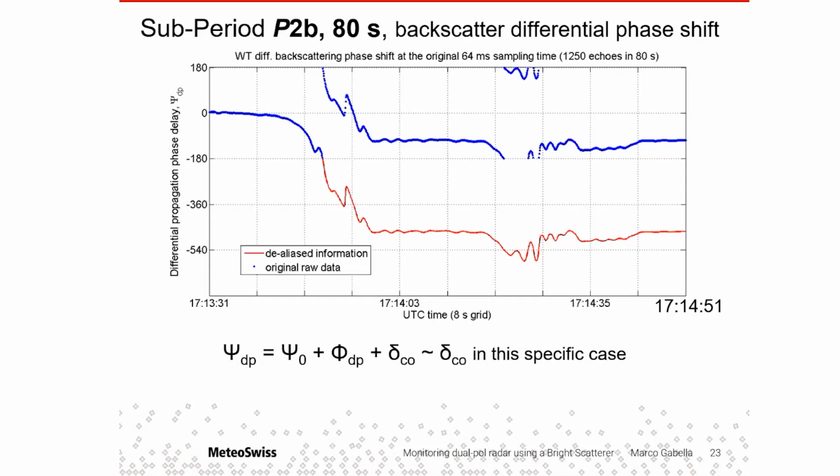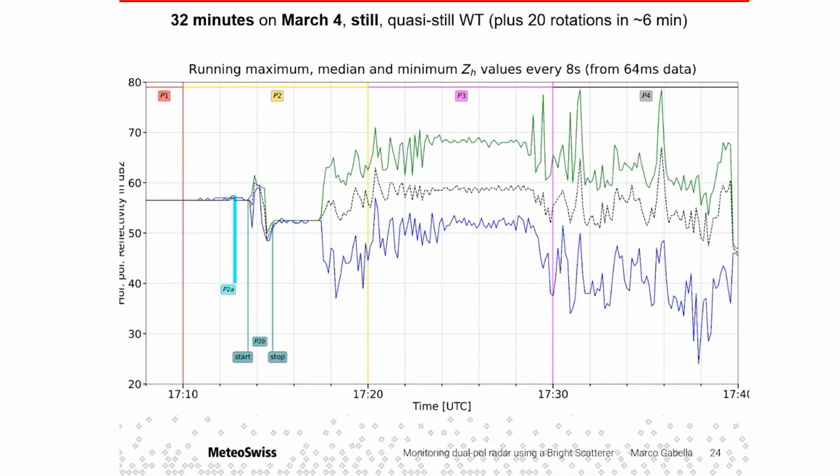Well, if you look at ρHV, you would conclude that there was no movement, no rotor speed movement. And after having said that, I can show again ZH. You have already seen it, and now I will show it to you at the full high resolution.